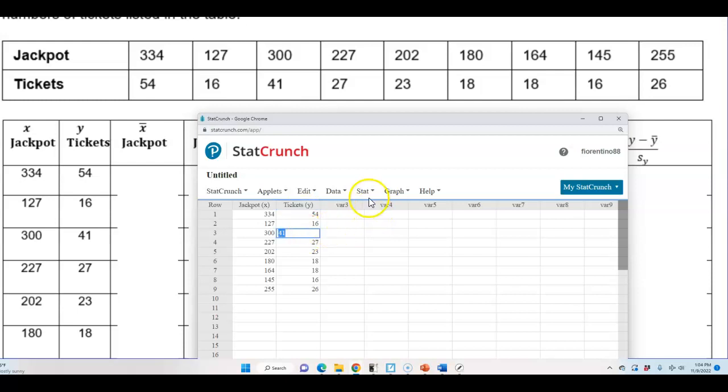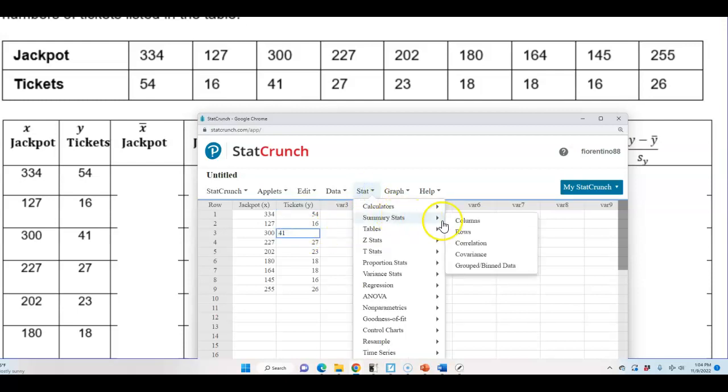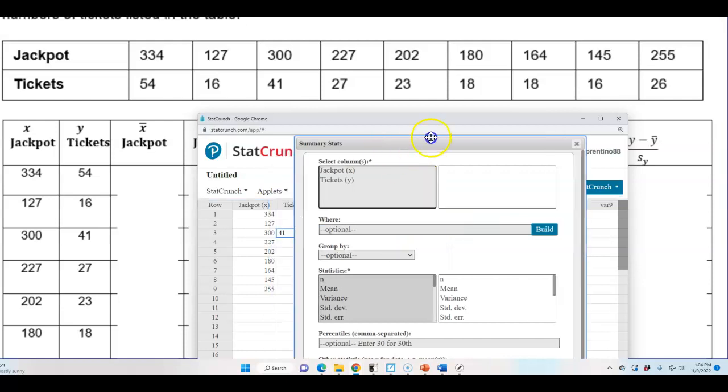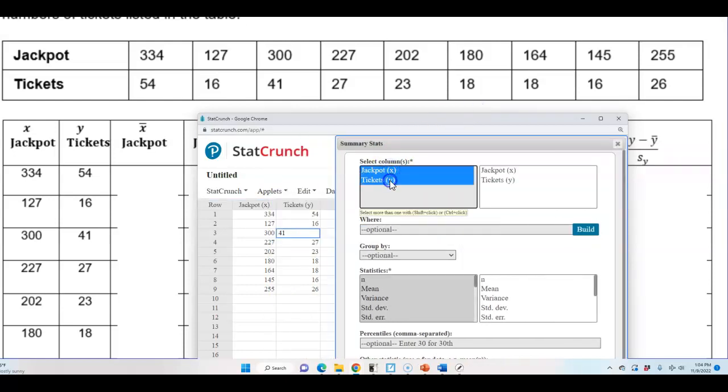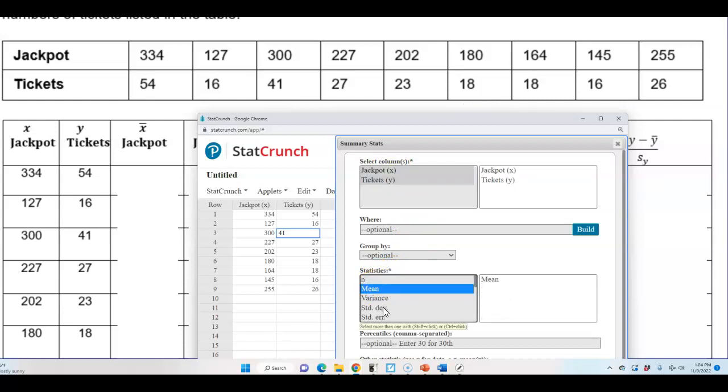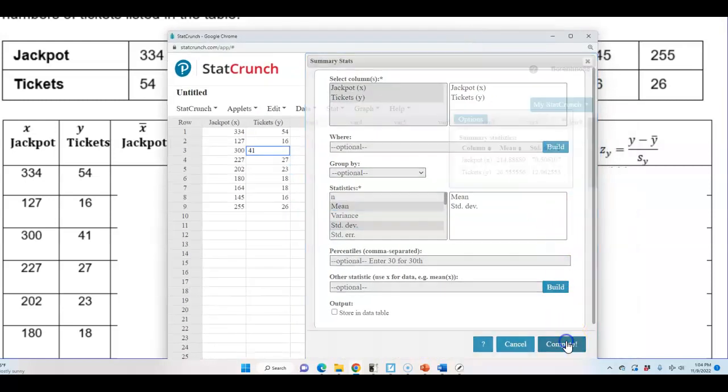Now we're going to go to Stat, go to Summary Stats and select Columns. Then we select both of these columns, and select the mean and the standard deviation for both of them. So let's go ahead and select Compute.